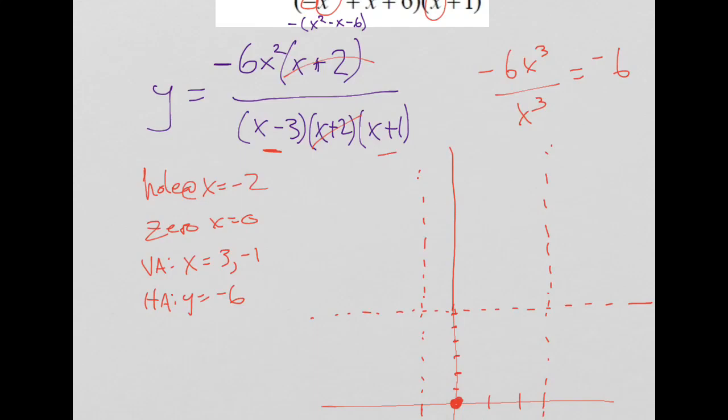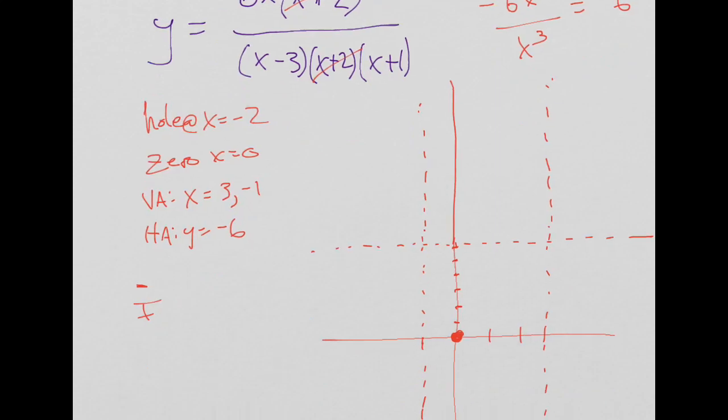Negative 2 plus 1 is also negative. So negative times a negative gives me a positive denominator. And my numerator, well, I'm at negative 2. My first bit's going to be squared, so that's going to be positive. And then I have a negative there. So this whole first side has to be negative, so I can sketch that in.